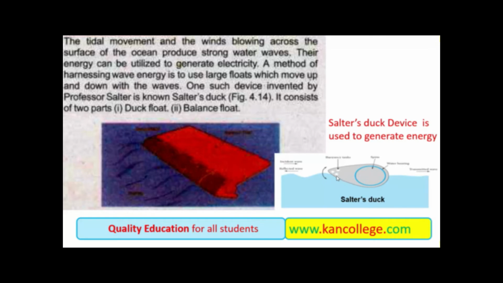In a similar manner, when this fin of the Salter duck rotates in one direction, the gear moves in one direction, but in the reverse direction the gear doesn't move backward, and in this way the rotation of the gear or the wheel or the turbine continues in one direction, and from this phenomenon we generate electricity by rotating the generator with the help of the turbine.